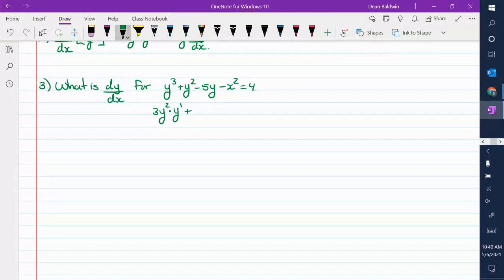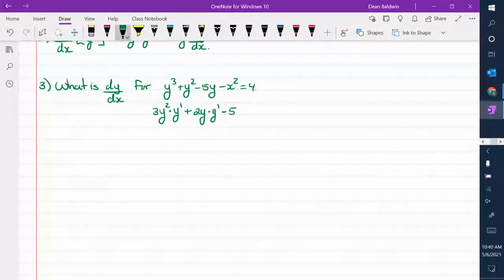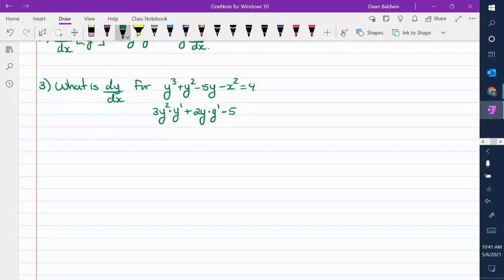Plus, now I do the derivative of y squared. What's the derivative of y squared? 2y y prime. Minus, the 5 can just stay there. What's the derivative of y with respect to x? Of y, like this y right here.